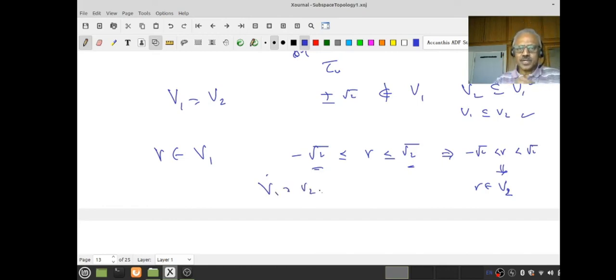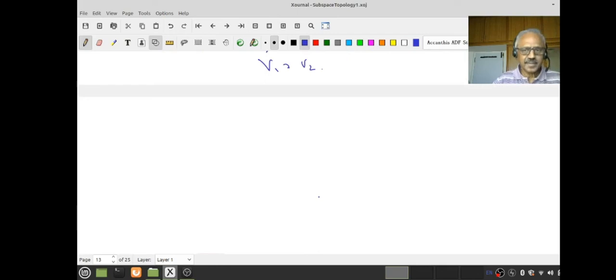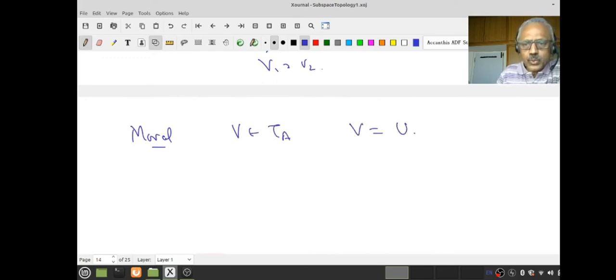So, what is the moral of the story? The moral is that V may be in tau A, so V may be equal to U intersection A with U open in X, and with F intersection A, F may not be open.